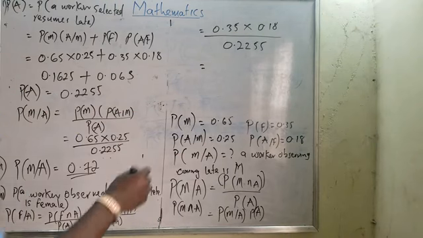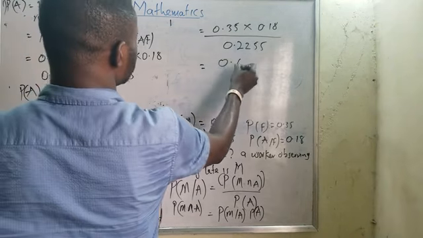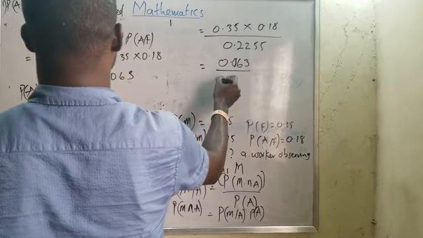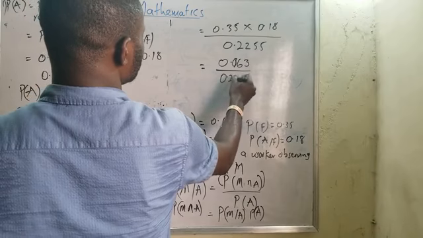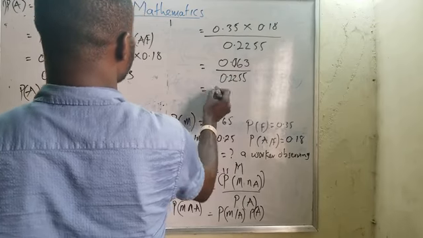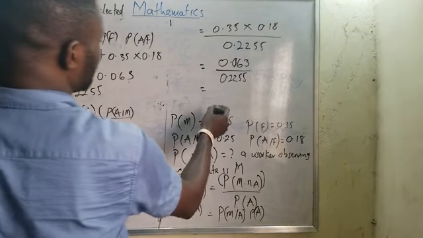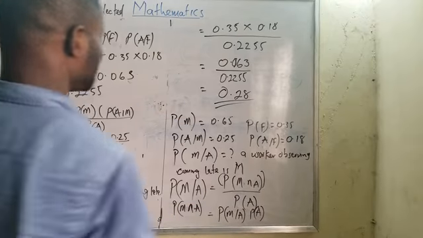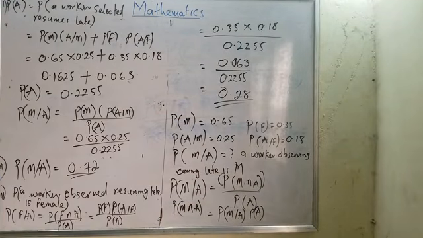By having this, I'll be having 0.06 divided by 0.2255, which with my calculator is 0.28. That is my answer. That is my answer.